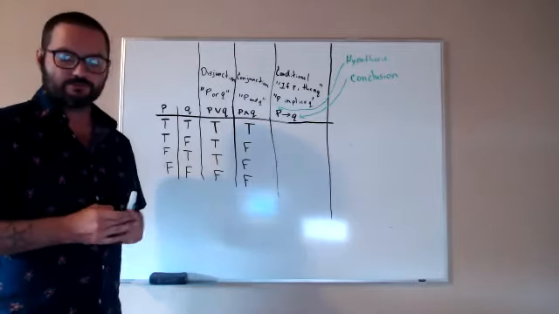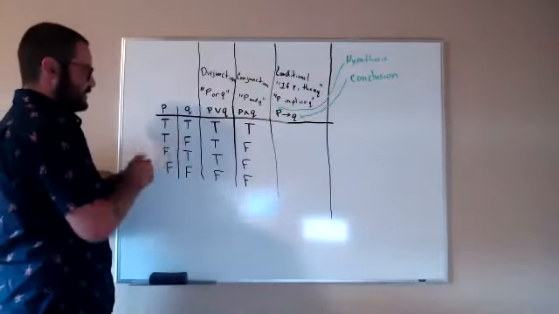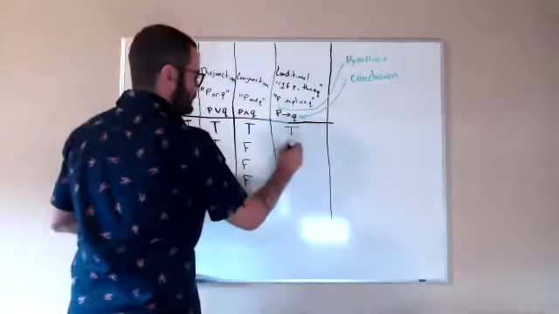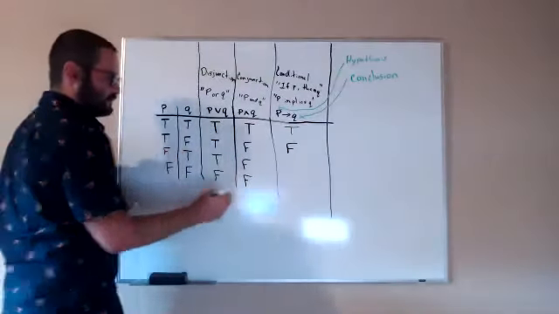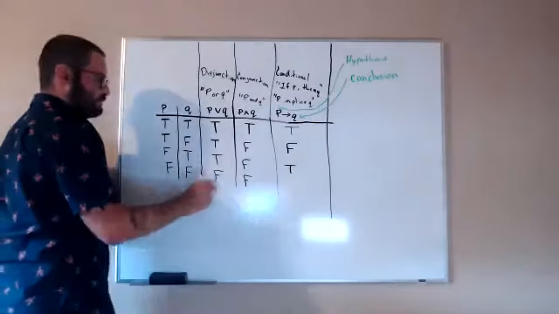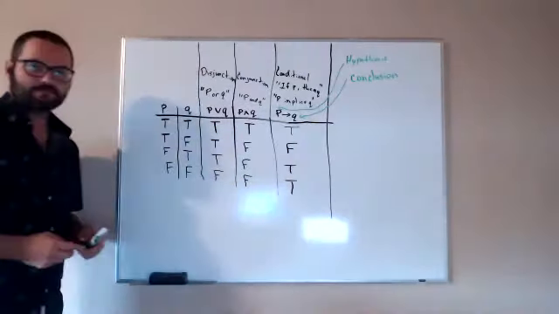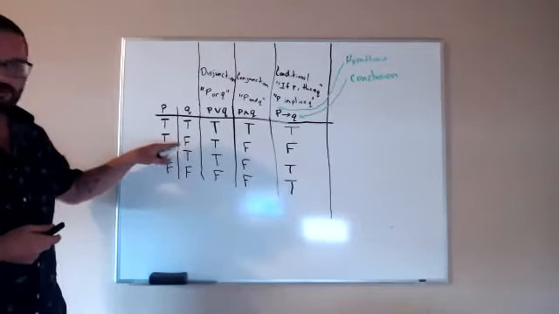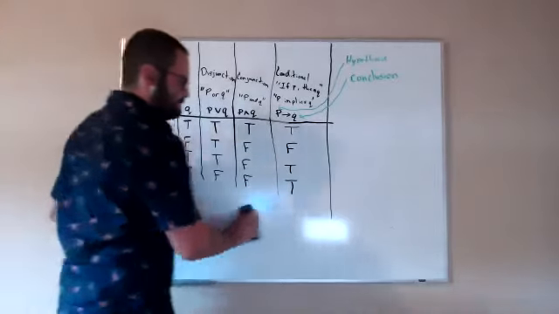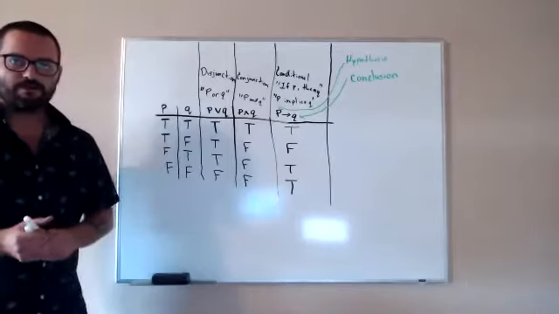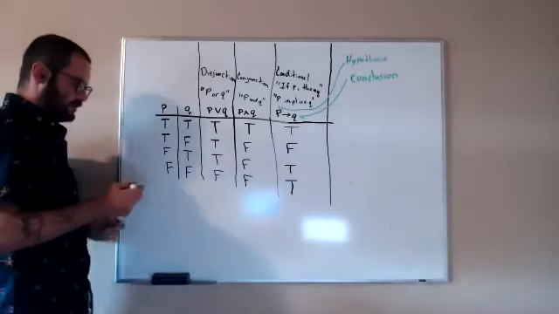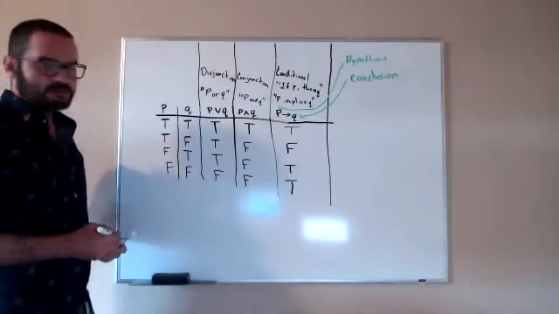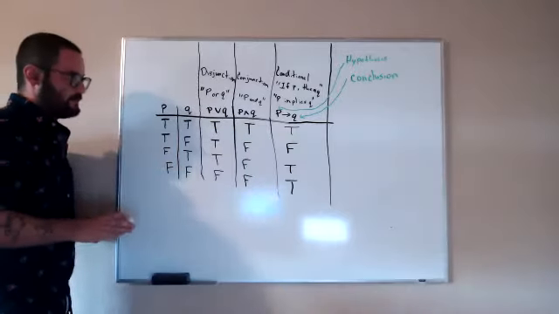Every other time it's going to be true. So if you look here, we see true implies true, true. True implies false, false. False implies true, true. False implies false, true. It's only false in one instance, when you have a true hypothesis and a false conclusion. In particular, you should really make note that whenever you have a false hypothesis, you're going to have a true conditional statement.